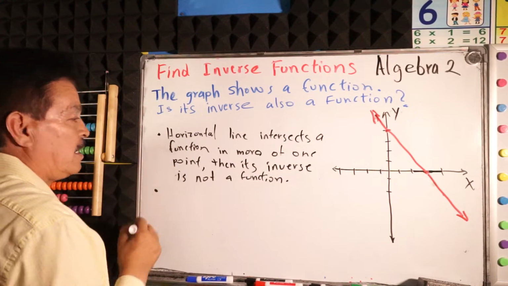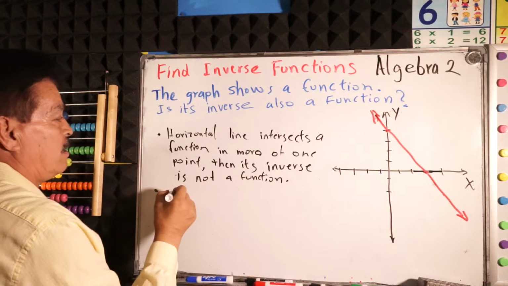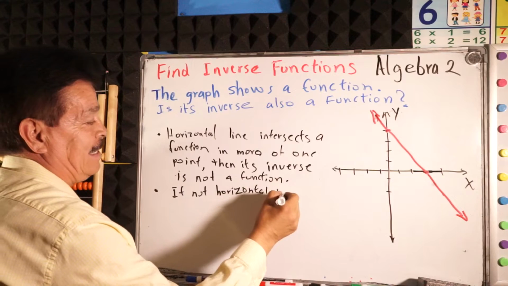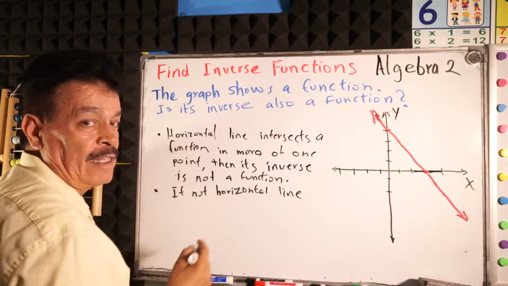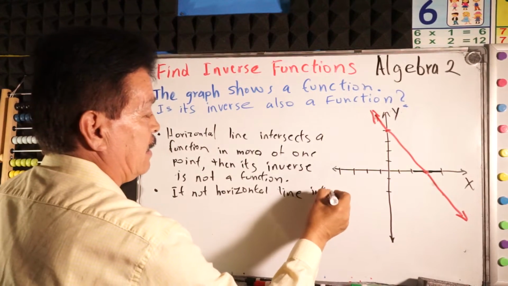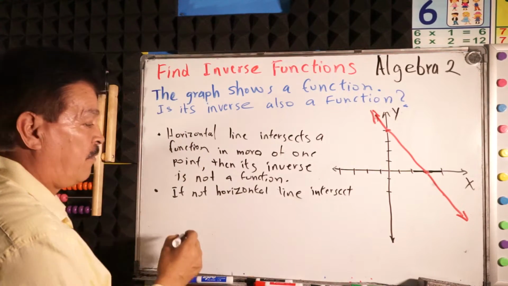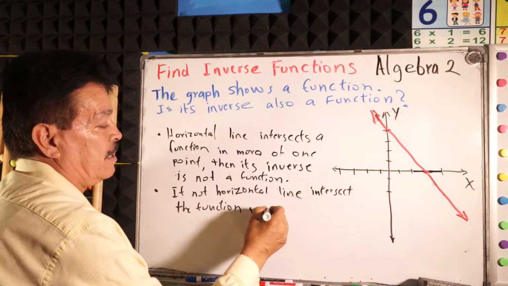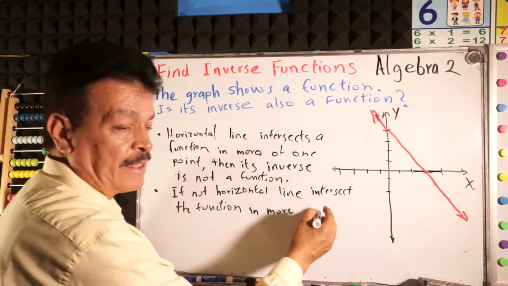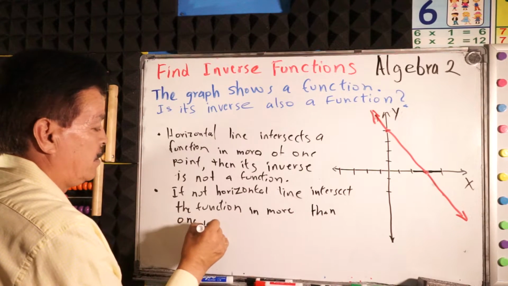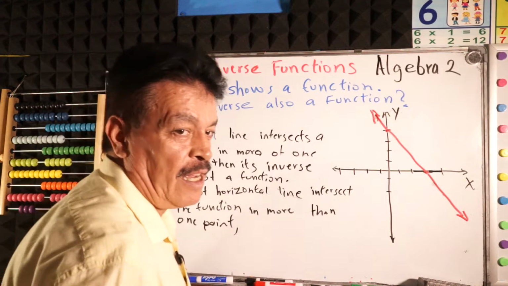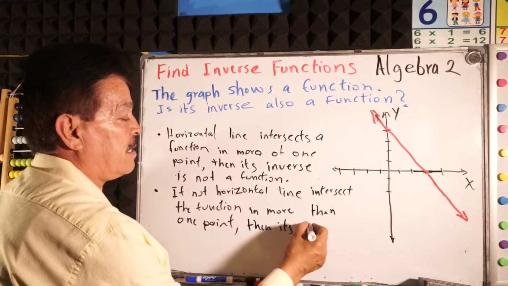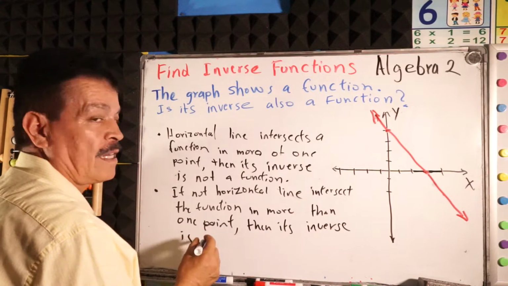The second one, this is very important. If no horizontal line intersects the function in more than 1 point, then the inverse is a function.